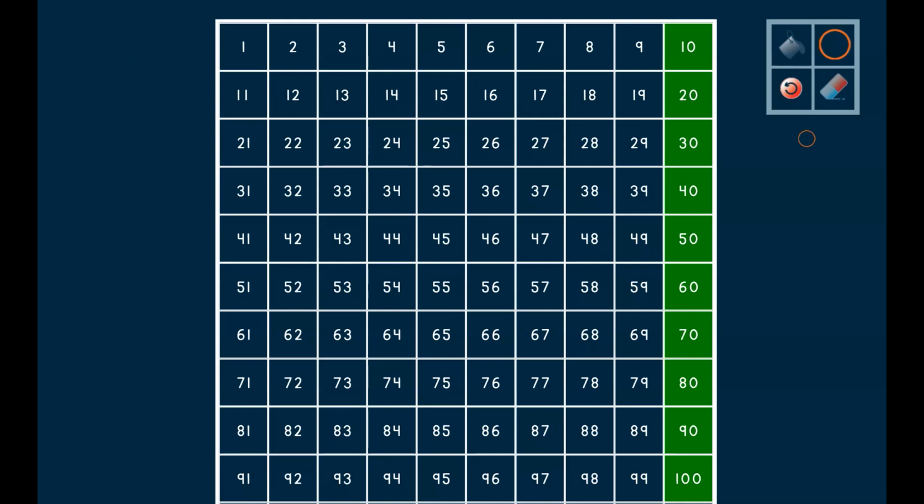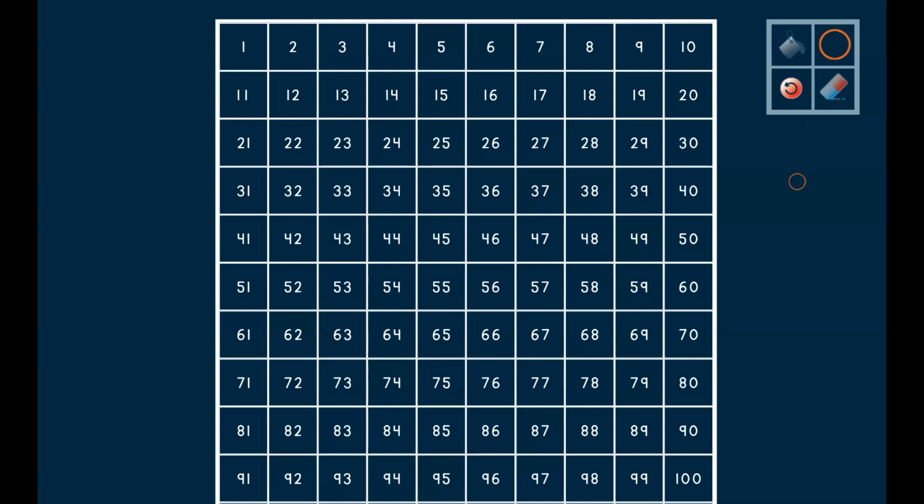You ready? Can you find 30, friends? Find the number 30. Here it is. Can you find 60? Right there. Can you find 100? Great job, friends. Let's try some more. You ready?